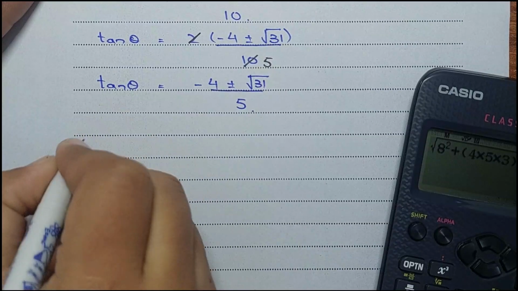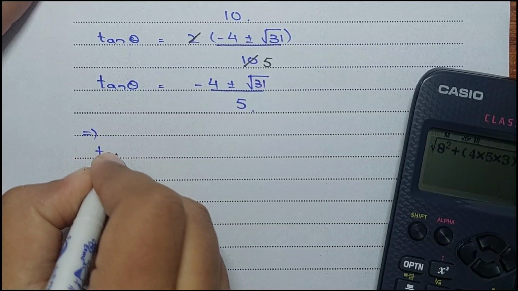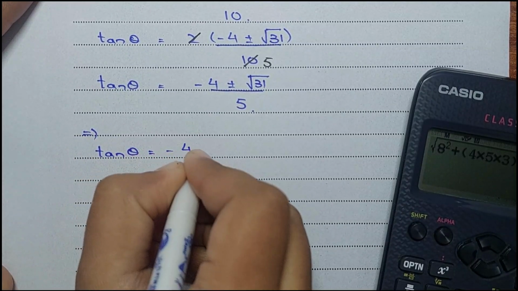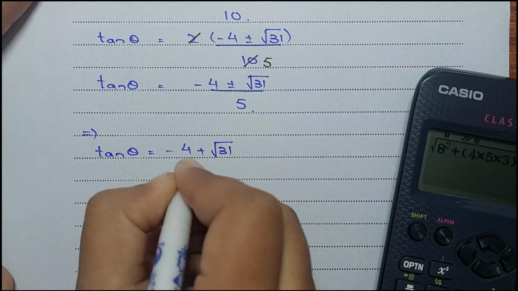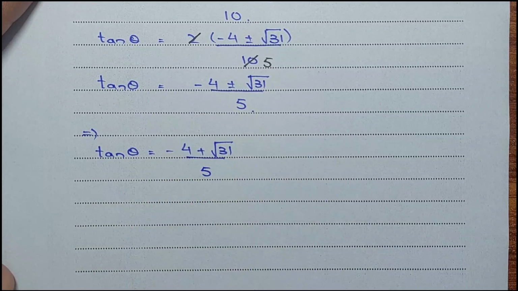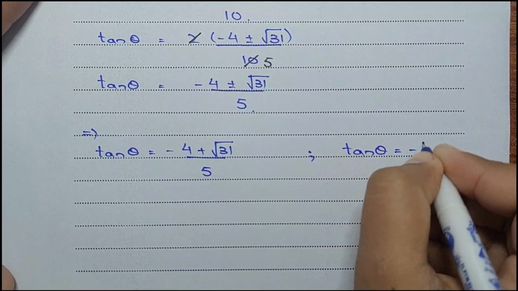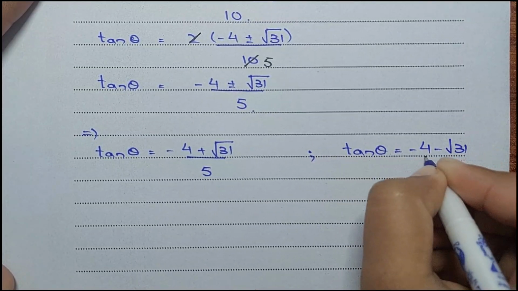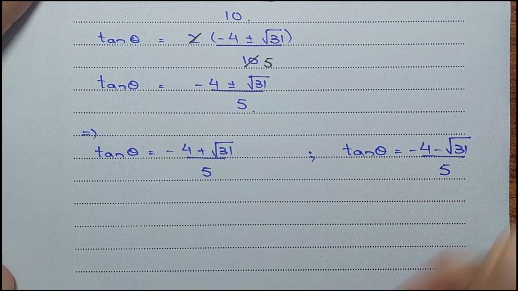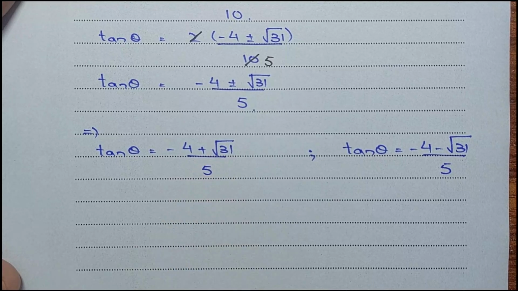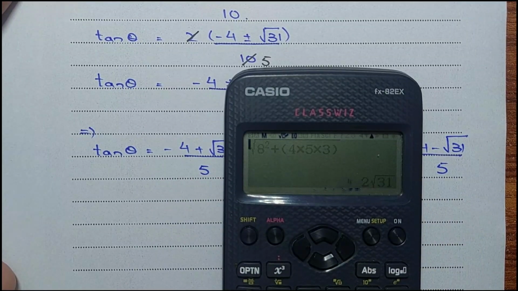Okay, now we have two cases from here. Tangent theta is minus 4 plus root 31 divided by 5, and the other case is tan theta is minus 4 minus root 31 divided by 5. Okay, this gives you the positive or negative.